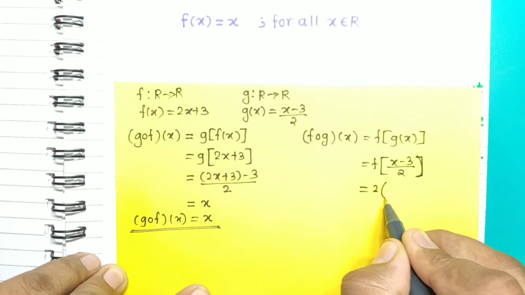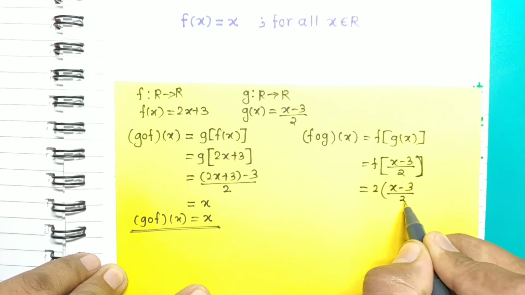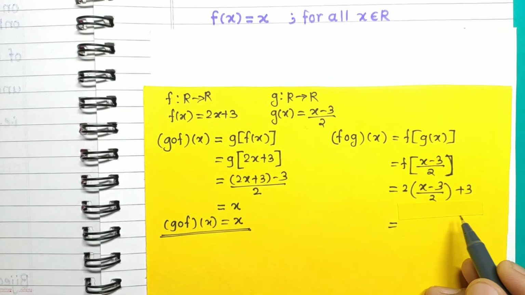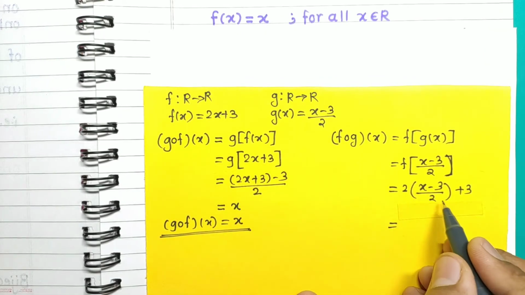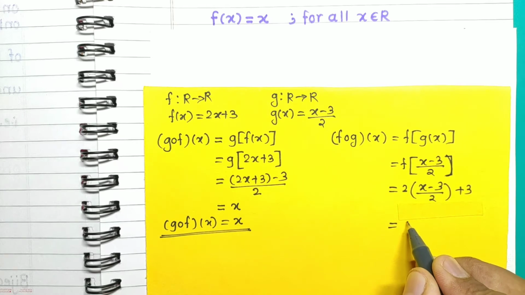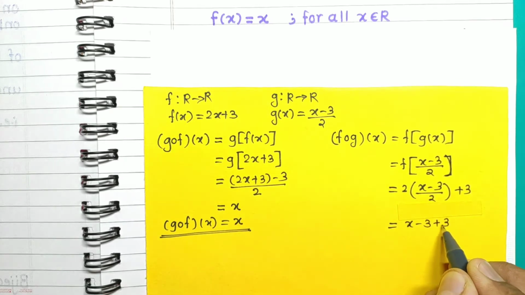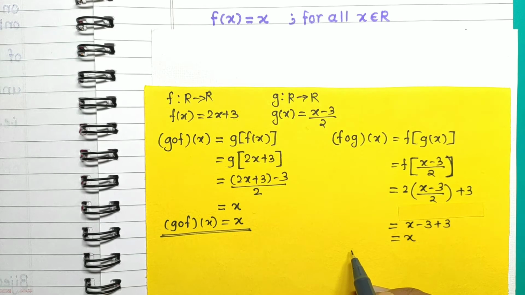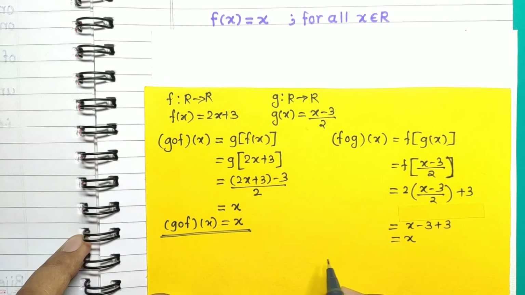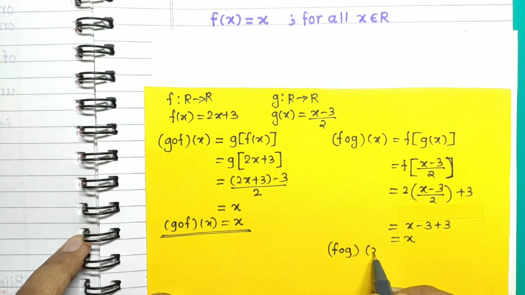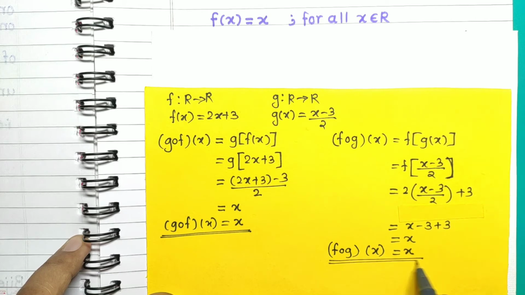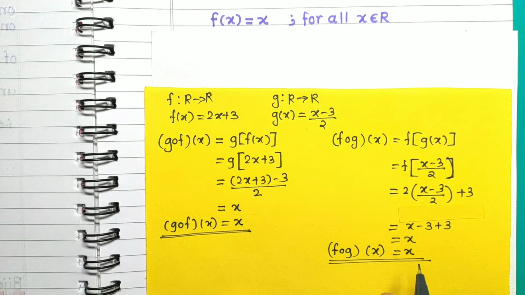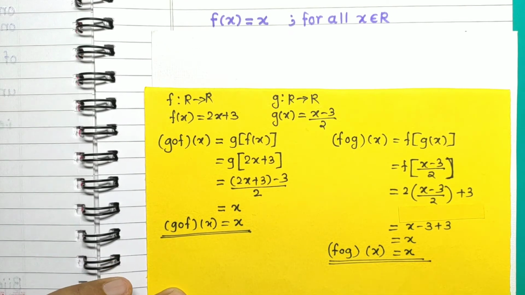So we have 2 into x minus 3 by 2 plus 3. The 2 gets cancelled and we have x minus 3 plus 3. So this is x. That means fog of x is equal to x. Again, we observe that fog of x is an identity function.